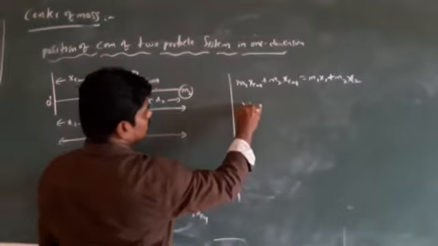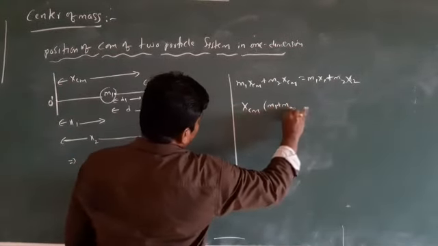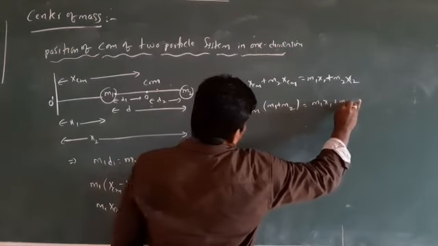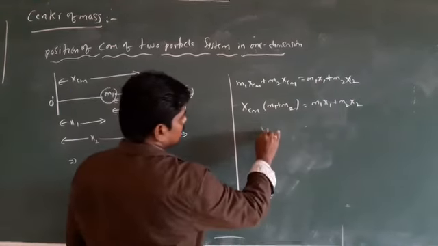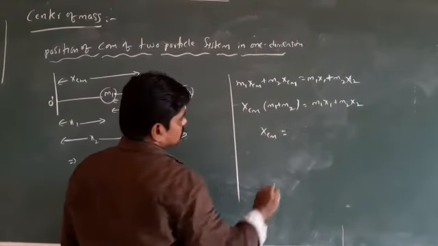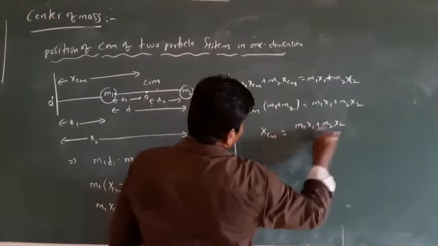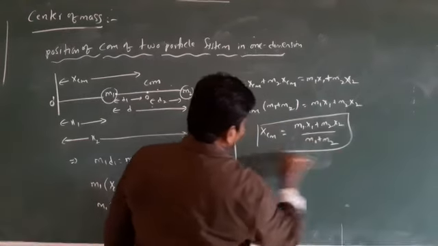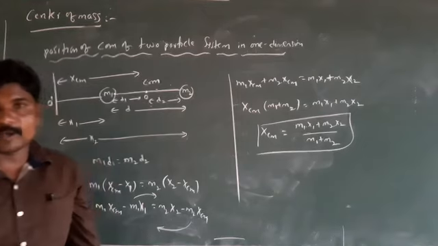Now take xcm common here: (m1 plus m2) xcm is equal to m1 x1 plus m2 x2. Now from this we can write xcm is equal to (m1 x1 plus m2 x2) by (m1 plus m2). This is the position of the center of mass from the origin of the two-particle system.